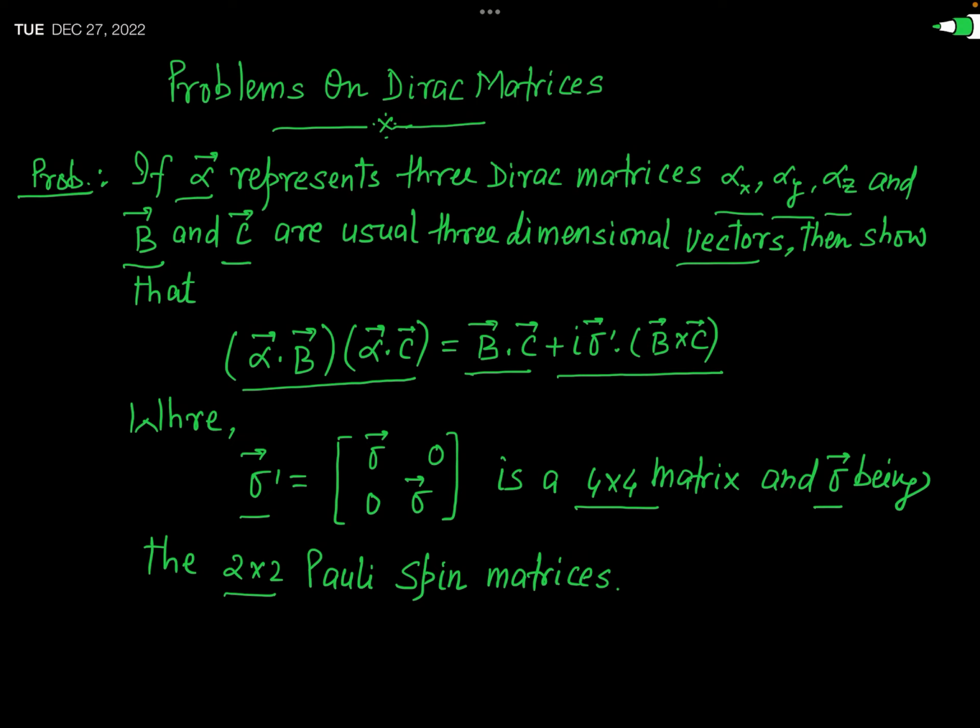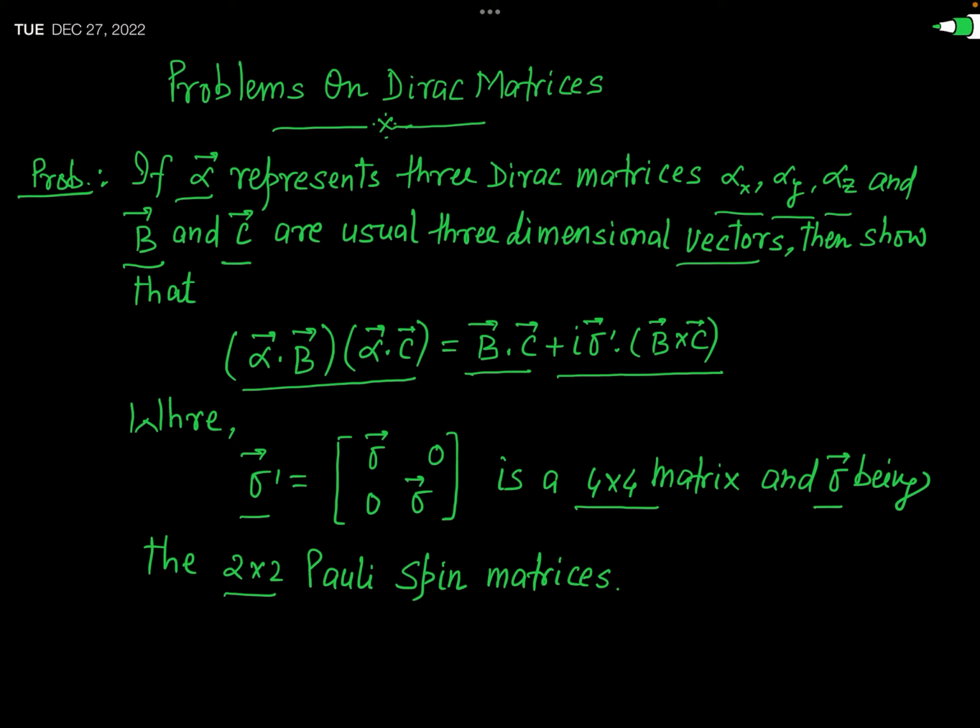You have a complete idea of Pauli spin matrices. I have provided videos on these Pauli spin matrices previously in great detail. And you have also learned the matrices alpha and beta in terms of these Pauli matrices. So let us see how we can solve this problem.